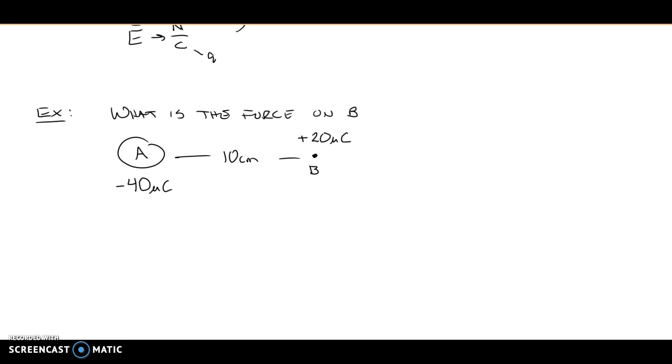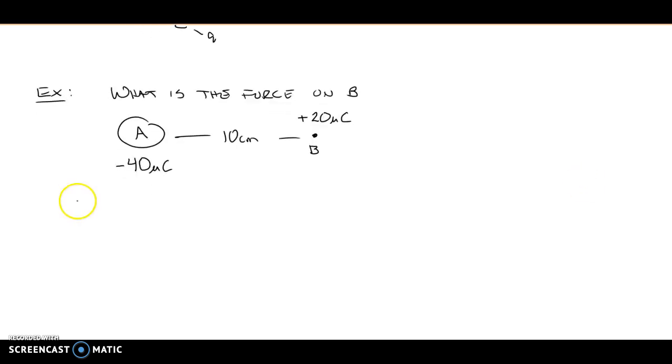As we've done before, we find the field strength at B. The field at B would just be Kc, the charge of the source, which in this case is A, over the distance to A squared. K is 9 times 10 to the 9th. The charge of A is 40 times 10 to the negative 6. That's where we get the micro.